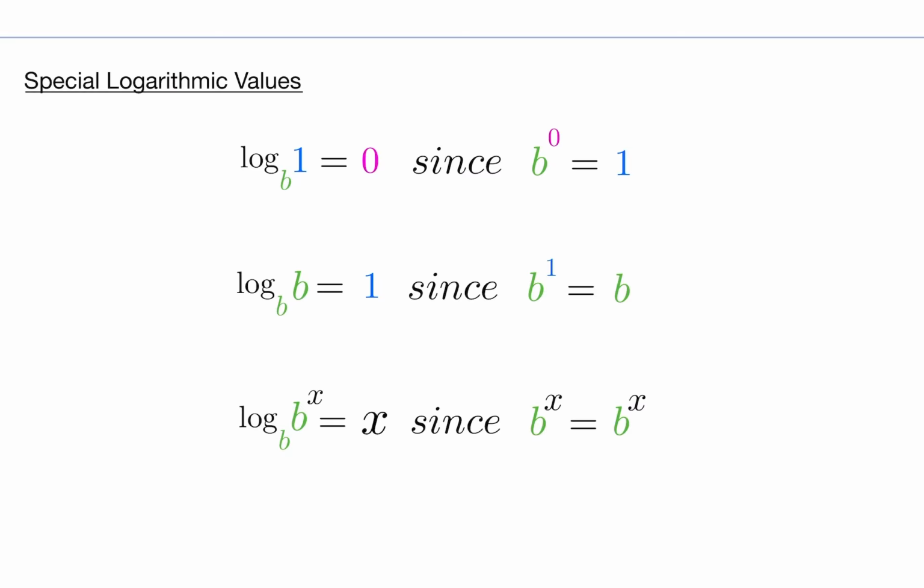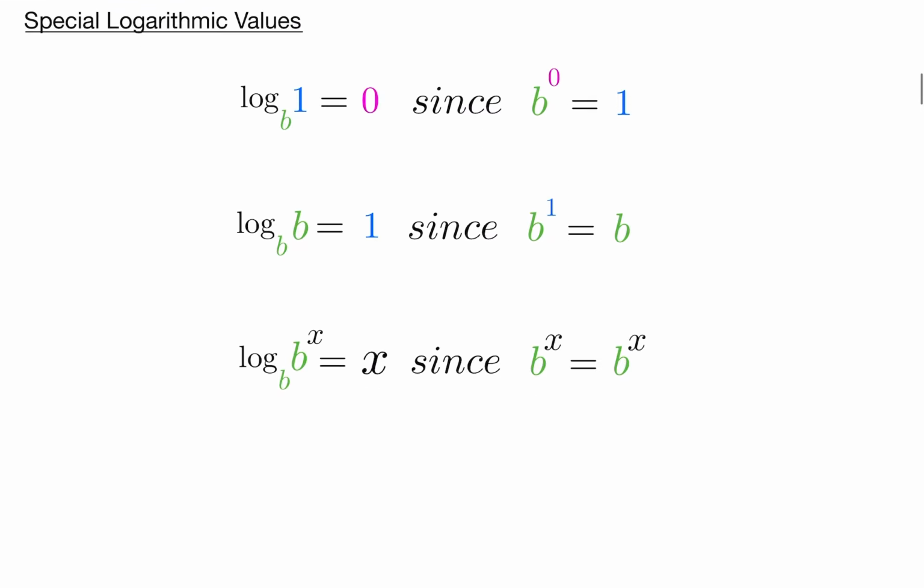The second relationship is log of b, base b, equal to 1, which means b to the 1 power is equal to b. So if you see the log of some value with the same value as the base, you should know that that's also 1. And lastly, the log of b to the x power, base b, is equivalent to just x, because b to the x power is also b to the x power.